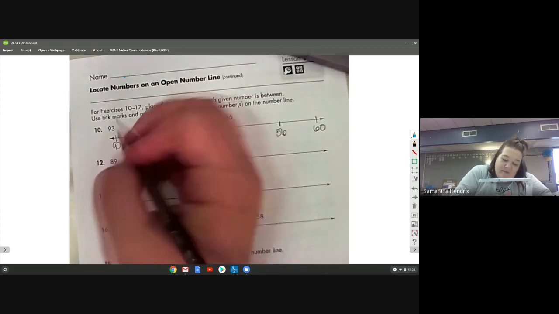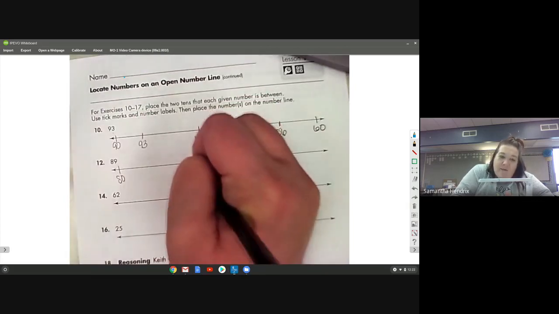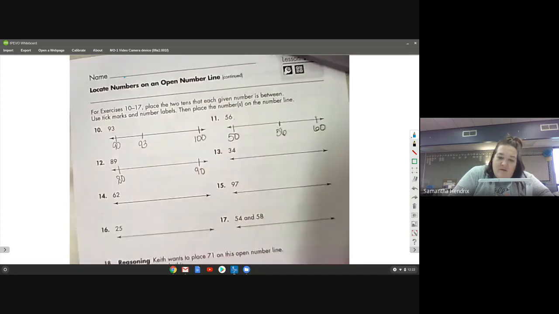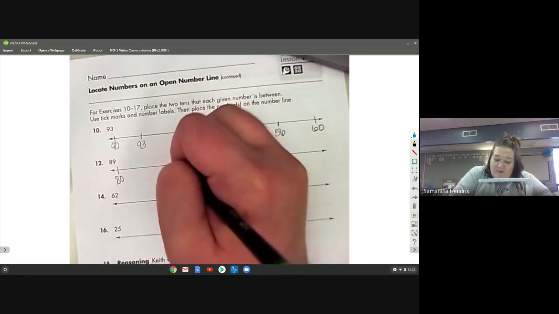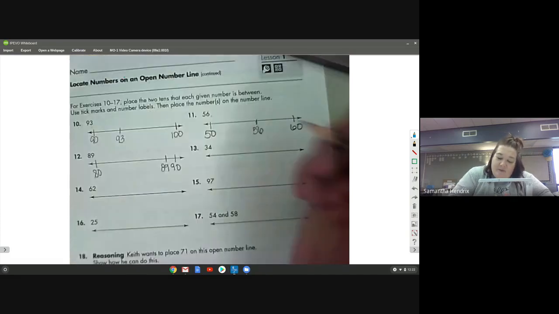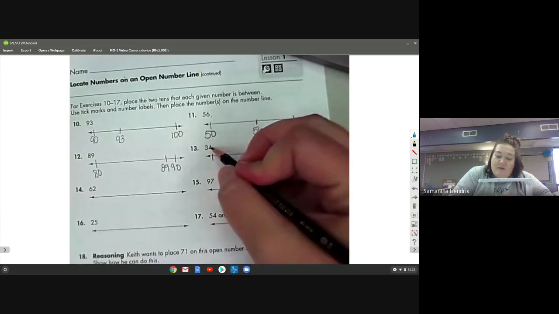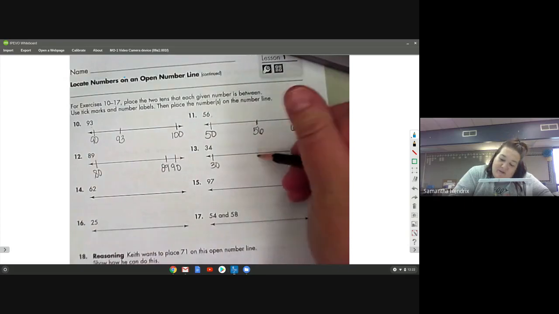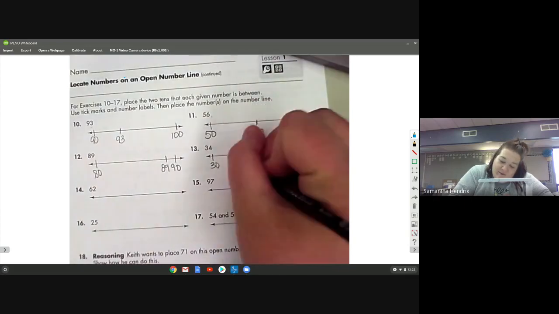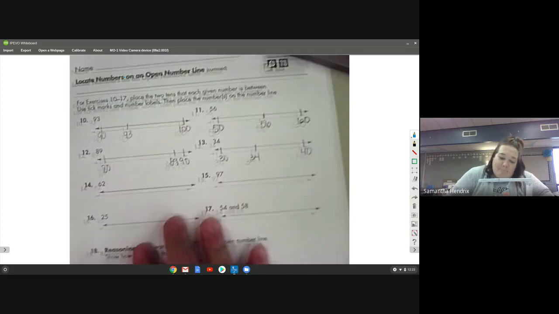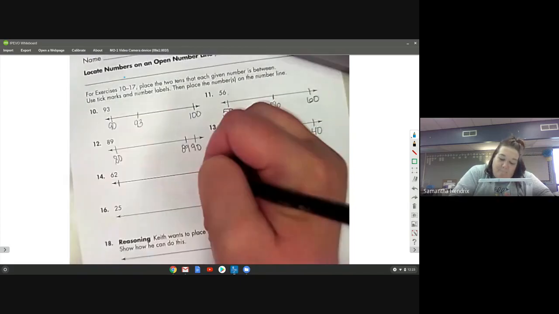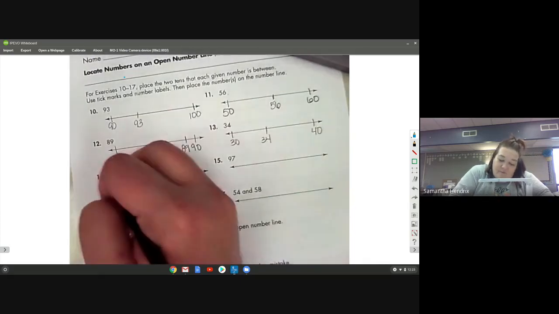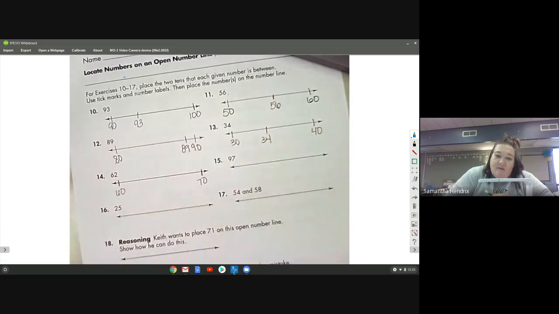So 89 is between 80 and 90. And then 89 is just one, it's going to be right there. Okay. 34 is going to be 30 and 40. 35 is halfway, so 34 is going to be about right there. 62 is going to be 60 and 70.